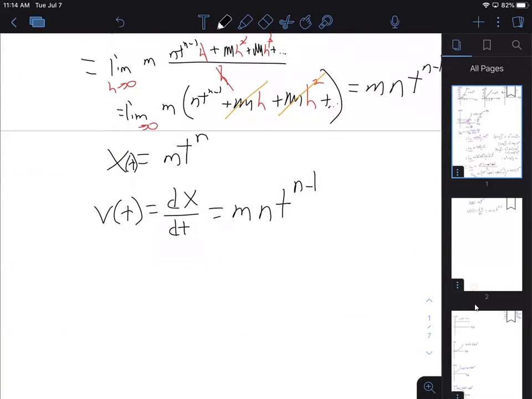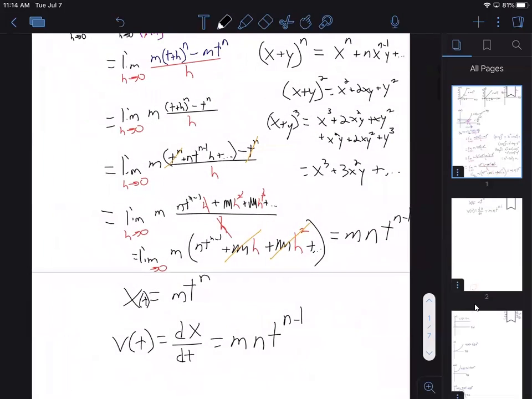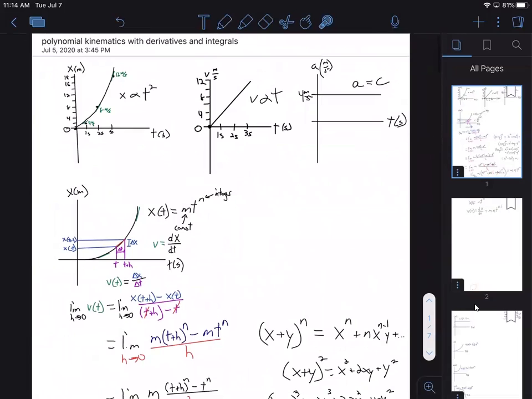All right, so now we have a process for finding the velocity from a position graph of any sort of polynomial. It doesn't have to be a t squared, it could be a t cubed, t to the fourth, t to the negative 2. We now have a way to find the velocity function. And then we can use a similar process to do the acceleration.